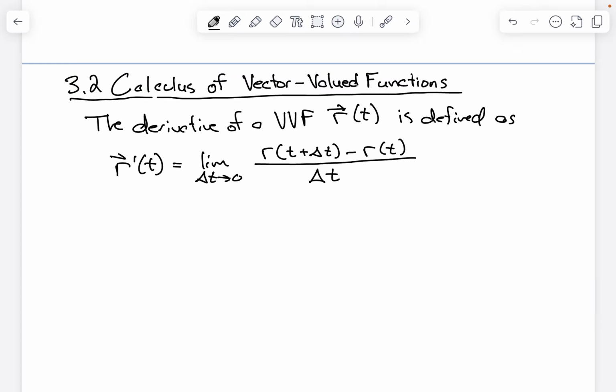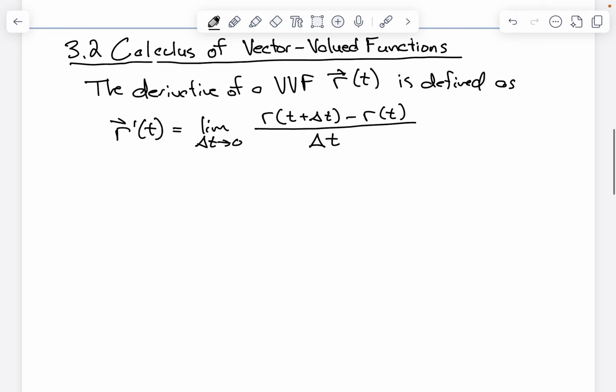So it's the same as the derivative of a scalar valued function. So we get this, and we can use all of the usual derivative rules.